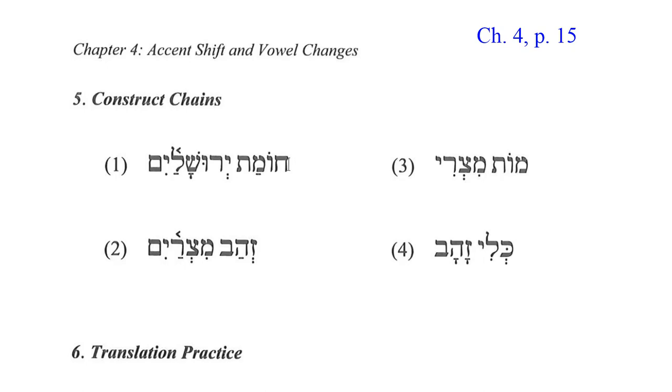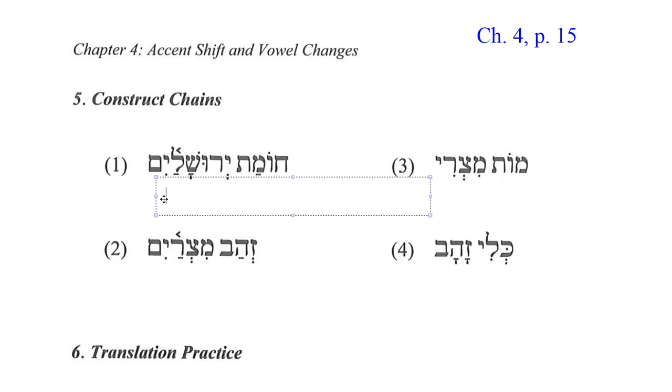So we have Chomat Yerushalayim. And because Yerushalayim is definite, it's a proper name, and a proper name is always definite, the entire construct chain is definite. As we've learned, a construct chain is either all indefinite or all definite.